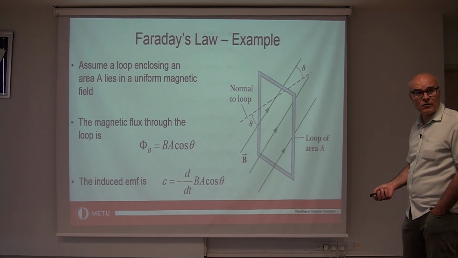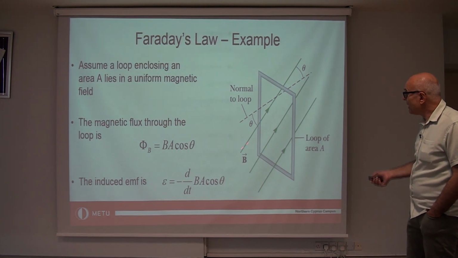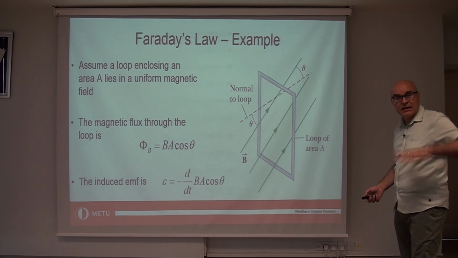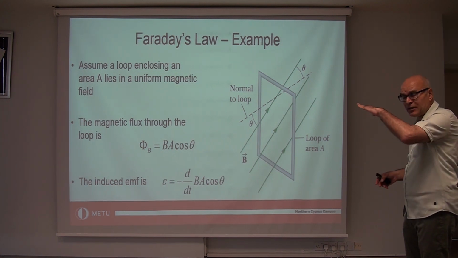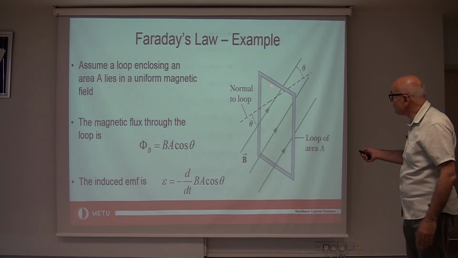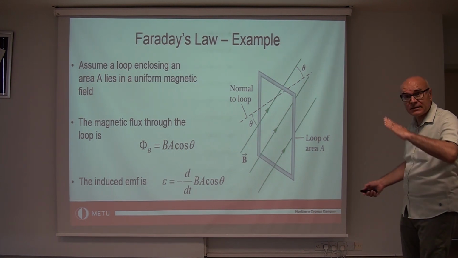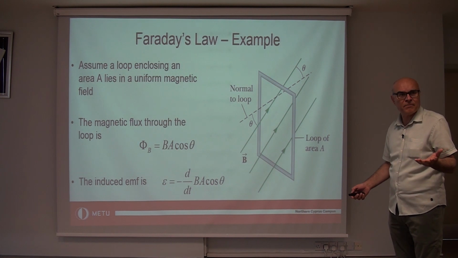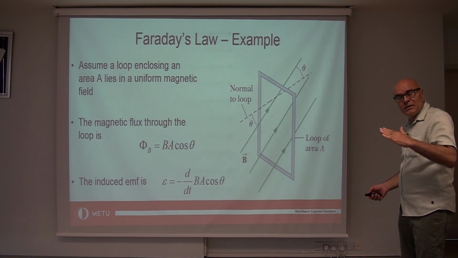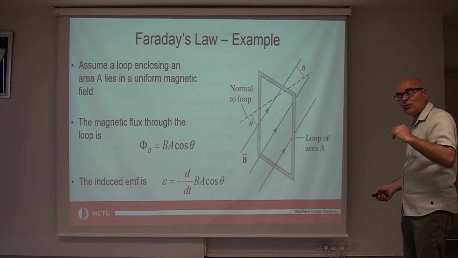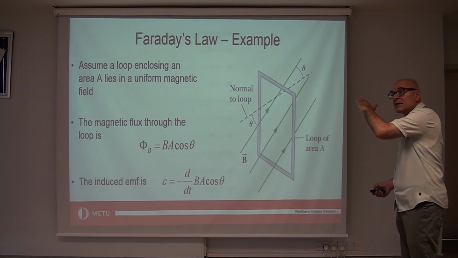So how does this quantity change with time? There is more than one way of doing it. First, if the magnetic field itself is constant in direction and uniform over the whole loop, it doesn't change from place to place, but its strength varies with time. So it's first increasing, decreasing, or it was small and then becomes larger, and so on.